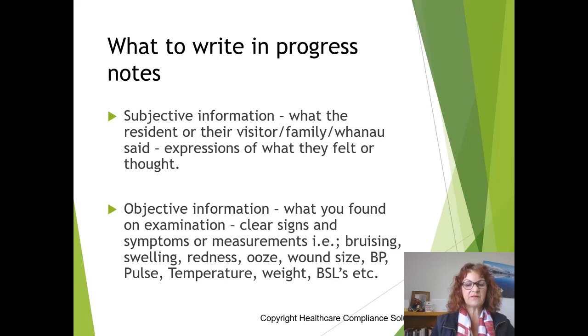When you find something that you can measure, that's objective information. So you can put clear signs and measurements. You can say how big the bruising is, the extent of the swelling, the amount of ooze, TPR charting, weight, blood glucose levels or blood sugar levels. Those things are certainly a number measurement, so those are objective pieces of information.